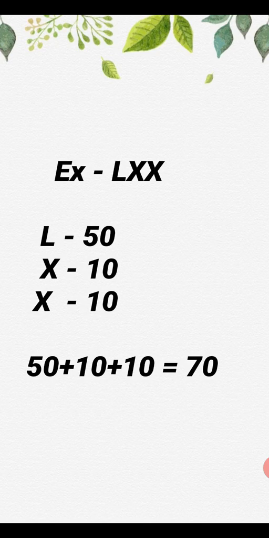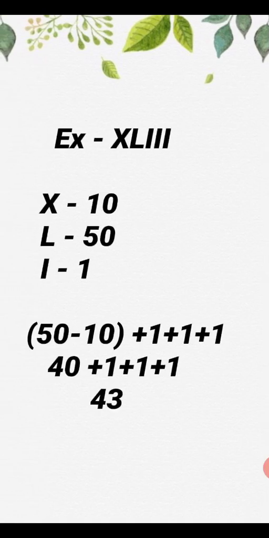Clear, students? Let us discuss another example, that is X, L, I and I. So, try to remember the rule of subtraction. In the rule of subtraction, there was a point: whenever a smaller numeral appears before a greater numeral, we have to subtract the smaller numeral from the greater numeral.